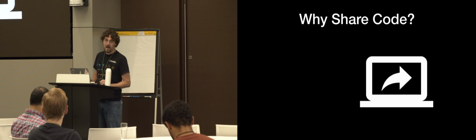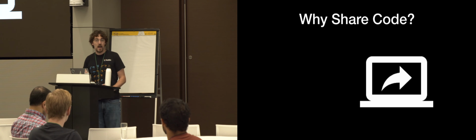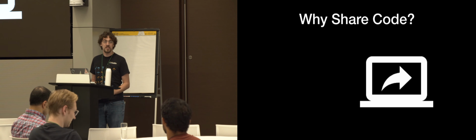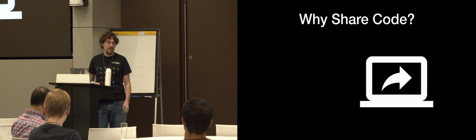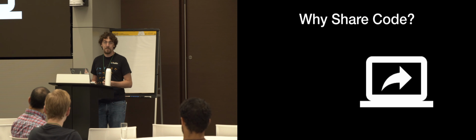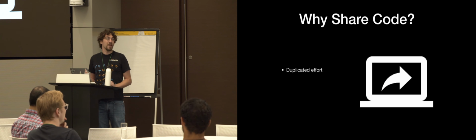Let's talk about code sharing. Why would it be nice to share more of our code? I think a lot of us at an Android conference work in mobile. We're creating an Android app, and there's probably someone next to us creating an iOS app. What that means is there's a lot of duplicated effort.